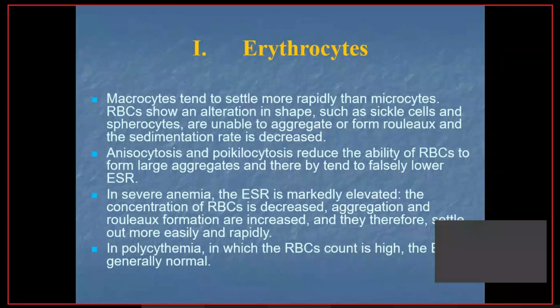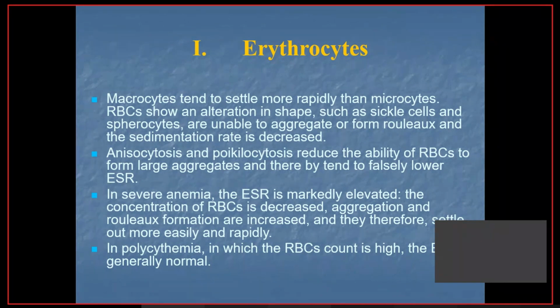Especially in anisocytosis and poikilocytosis, we can see a reduced ability of the red blood cells to aggregate. Though it is a diseased condition, the aggregation is reduced, so it gives a false result, but the person is suffering with this particular disease.